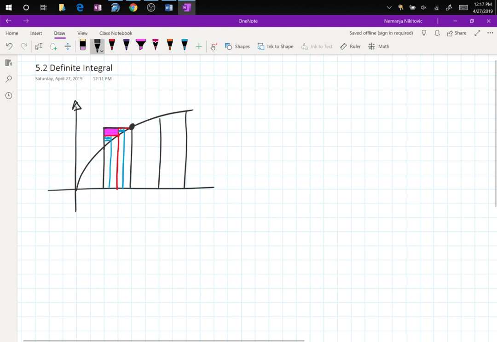So we said that the height will be computed at xi, and this is your xi, and this is your delta x. So, to have my one rectangle, I'm just going to have f of xi times delta x. So this is my one area.